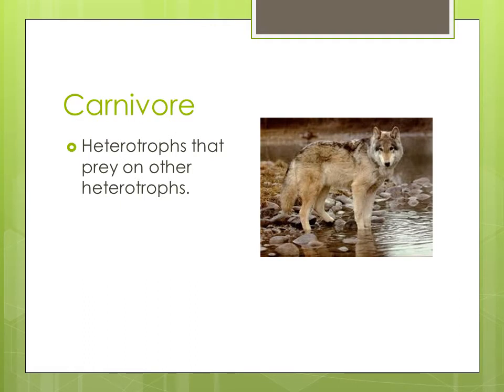Then we have carnivores. Carnivores are heterotrophs also, but they prey on other heterotrophs. So you have an animal that eats another animal that eats plants, basically. Or it can be higher up the chain than that, of course.